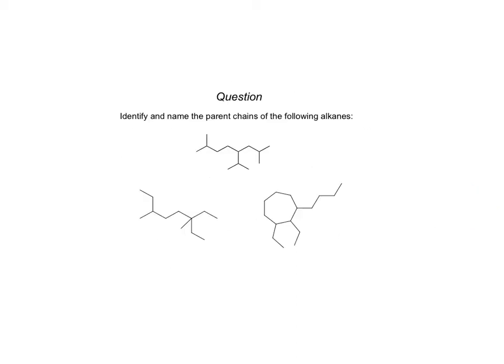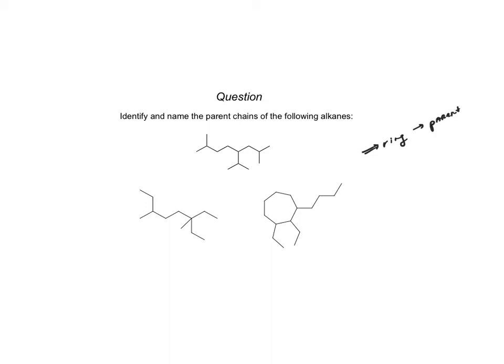Okay, so I'm going to let you guys have some time to give this one a try. You're identifying and naming the parent chains of the following alkanes. And the only thing I want to note is that if you do have a ring-based structure, it is usually going to be the parent chain, right?